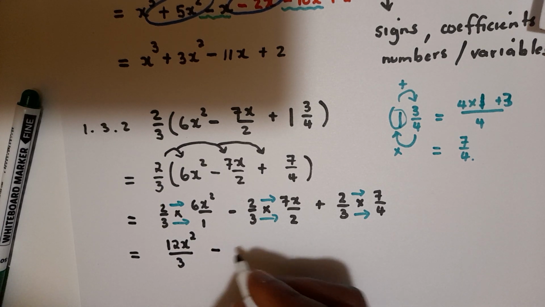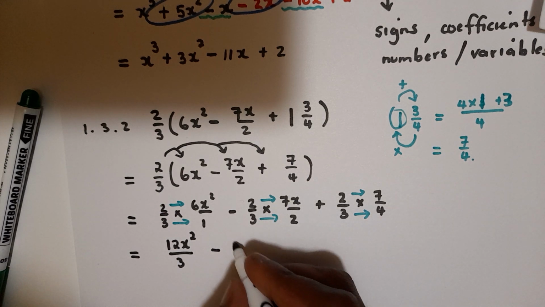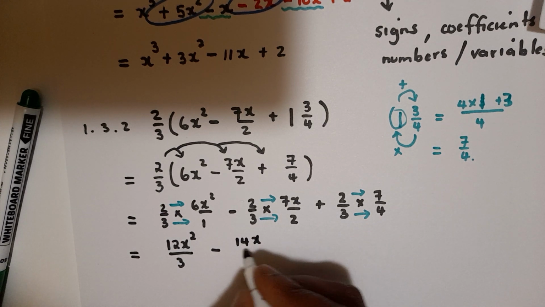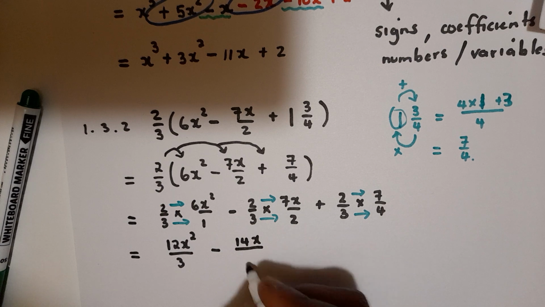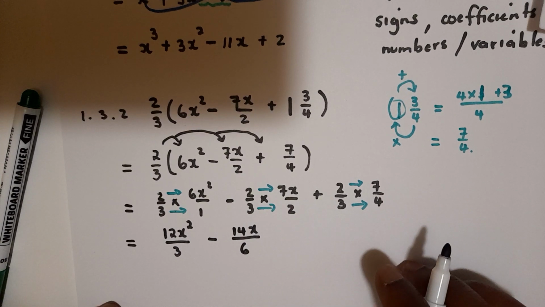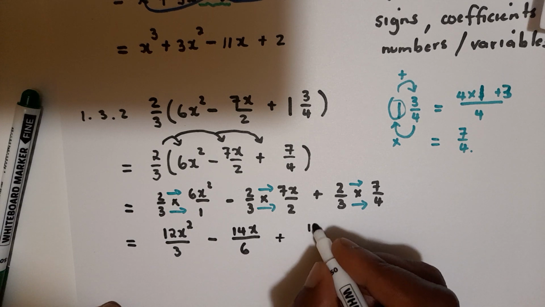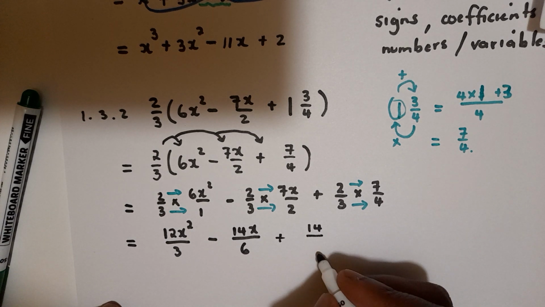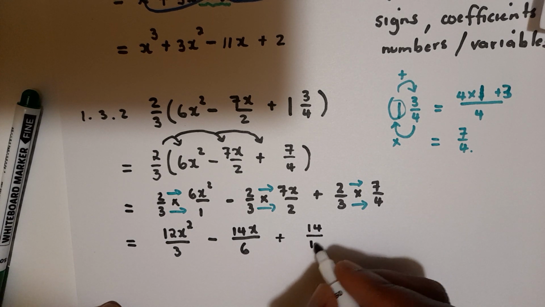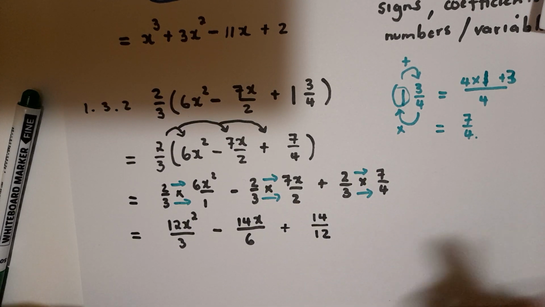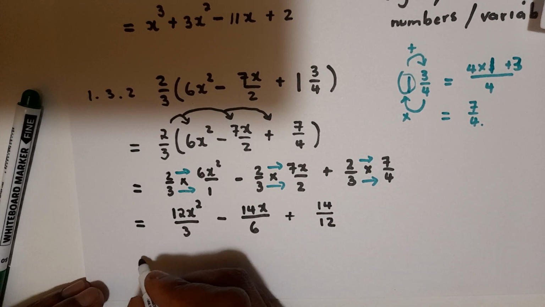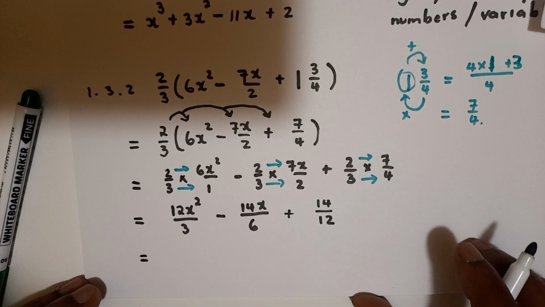Then negative 2 times 7x, it's 14x divided by 3 times 2, which is a 6. Then plus 2 times 7, we get a 14 divided by a 12. Therefore, this will definitely simplify to something simpler.